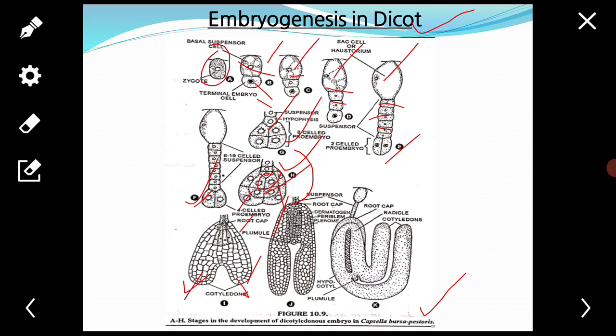The two cotyledons arise from two ridges of tissue appearing in the distal end of the proembryo, so that the globular embryo becomes a heart-shaped embryo.